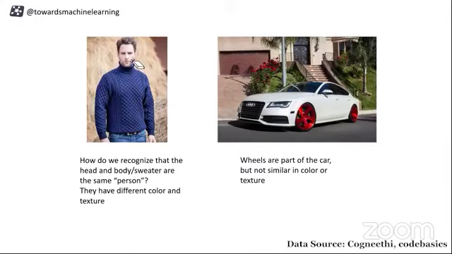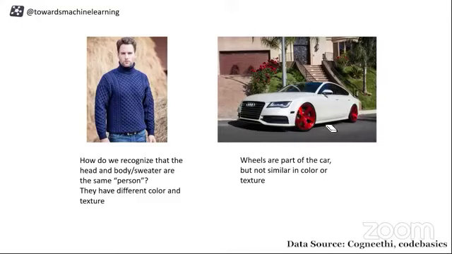On the basis of color, you won't say that this face belongs to this body. If you go by texture, this is also not the case. The texture of the sweater is different from the texture of his face. So imagine how difficult it might be.